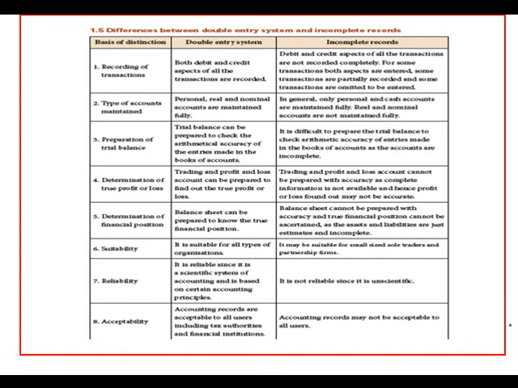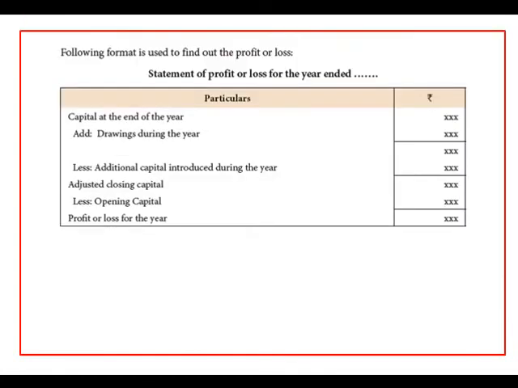Here we have a format which is showing how to prepare the statement of profit or loss. Before looking into that format, we have to remember the exact procedure of how we calculate closing capital. Normally, the proprietor will introduce the opening capital into the business, and from that capital, he may withdraw some money, or he may introduce some additional money.